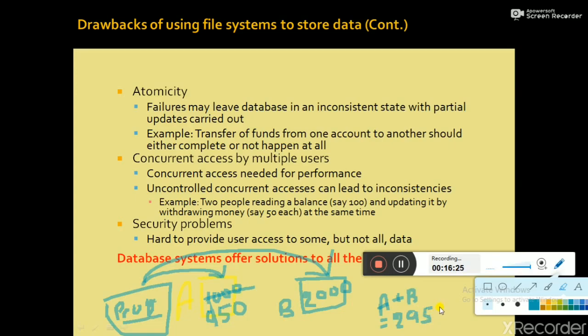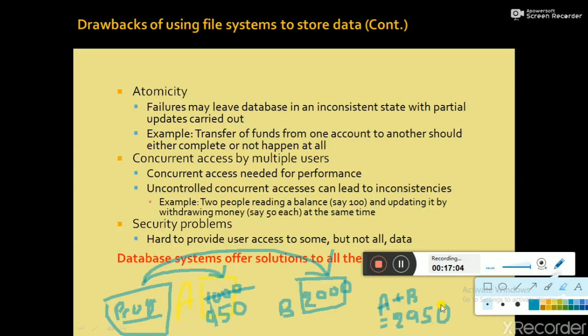That means after execution of the program and after the power failure, the cumulative amount for a particular customer is 2950 from accounts A and B. But before the execution of the program, the total amount of this customer in combination of accounts A and B was 3000: 1000 from account A and 2000 from account B. So after execution of the program and the power failure, the system lost 50 rupees.